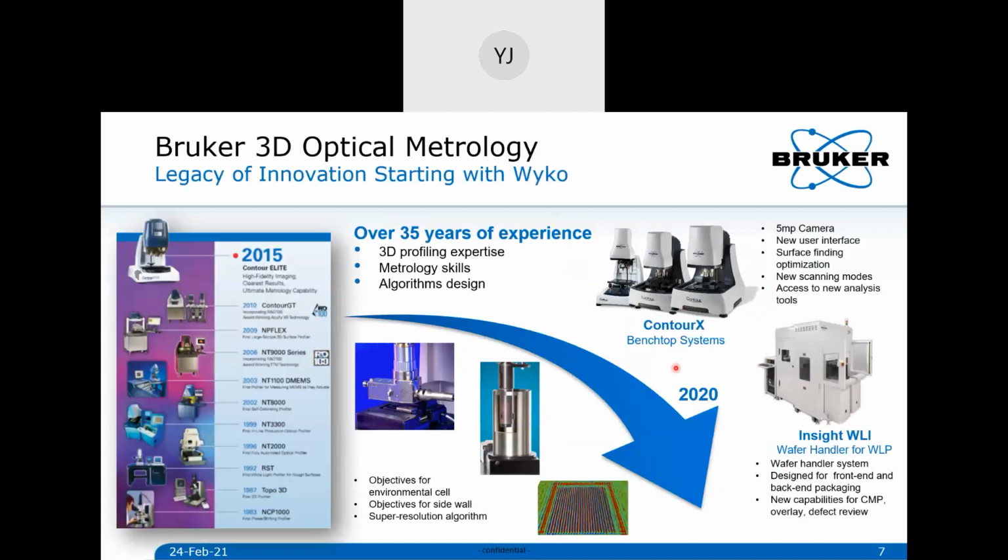Okay. A little bit about our optical profiler systems, specifically white light interferometry, which we will focus on today. This is a product that was launched by a company originally called Veeco, which was later acquired by Bruker, with over 35 years of experience.